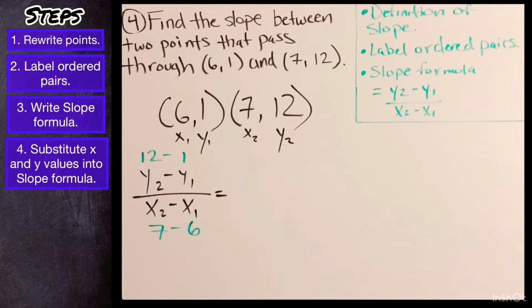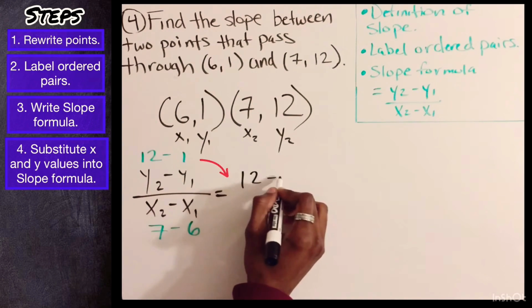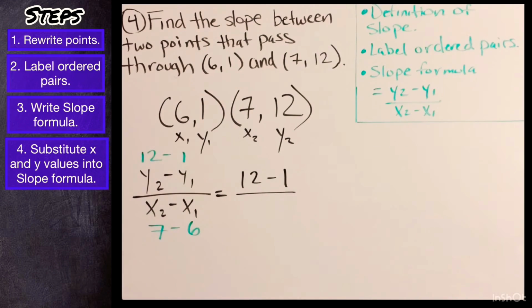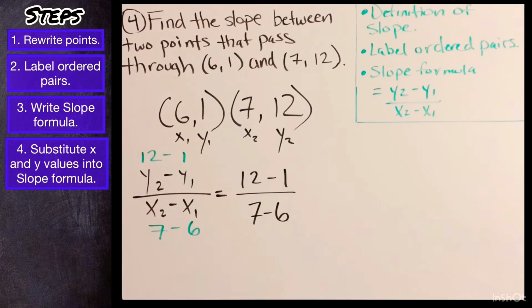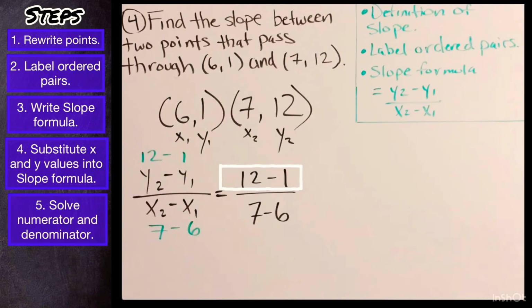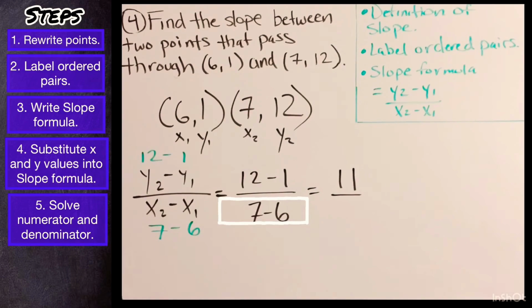And let's go right ahead into substituting these x and y values into our formula with our new numerators and denominators, which is 12 minus 1 over 7 minus 6. Just bringing it right over. So our numerator is 12 minus 1, which is going to give us 11. And our denominator is 7 minus 6, which is going to give us 1.